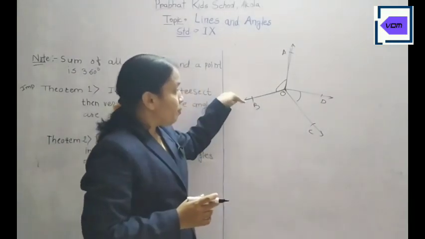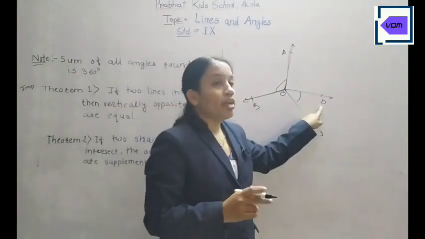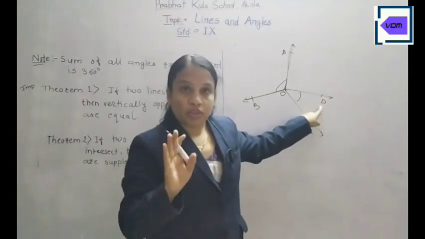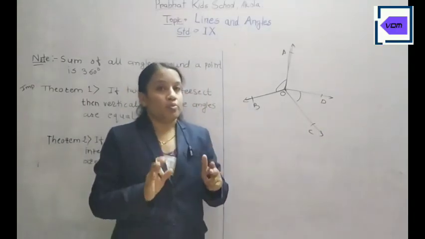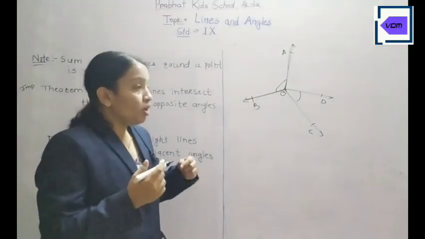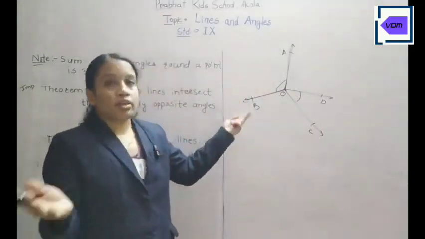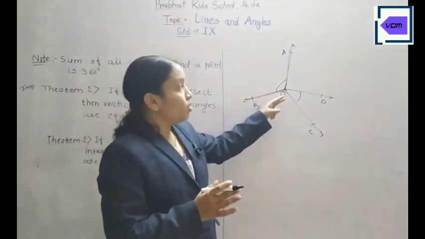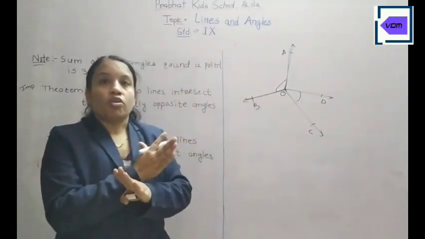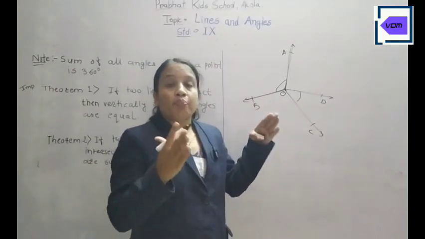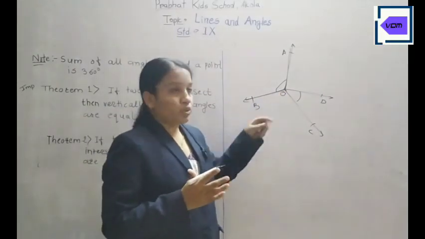So AOB and COD are not vertically opposite angles. You keep making this mistake because they appear to be on opposite sides, but no. The non-common arms of two lines should form opposite rays, and here they are not opposite rays.